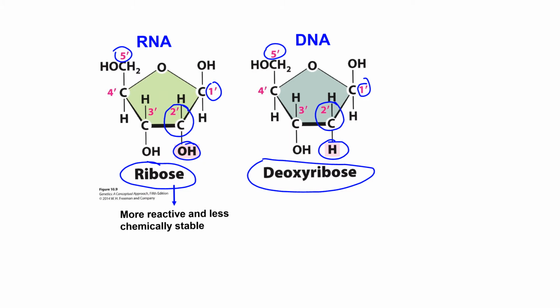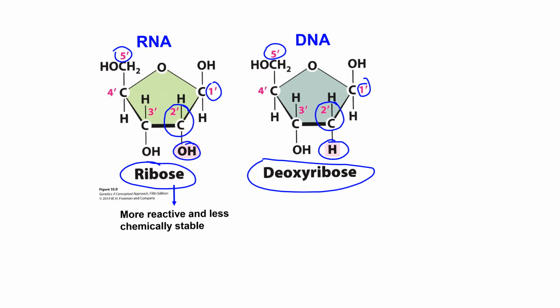This seemingly minor chemical difference is actually recognized by most of the cellular enzymes which interact with DNA or RNA, such as DNA polymerases versus RNA polymerases, giving a specific function to each of these nucleic acids.